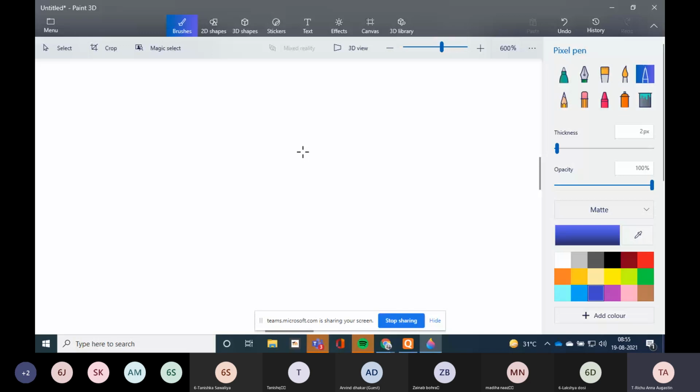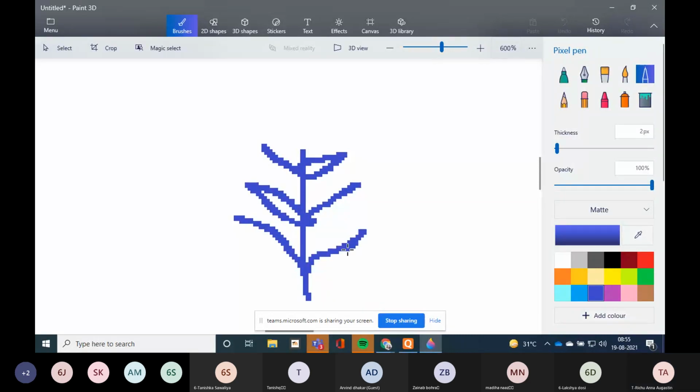For example, suppose this is a plant. These are the branches, and some leaves are there. Then the branches have flowers over them. Now this is a single plant which has so many flowers.